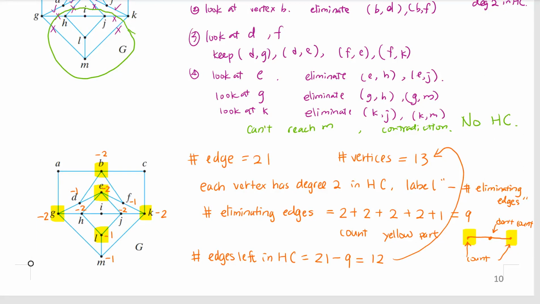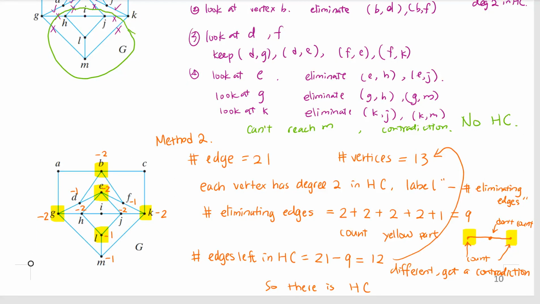So that's why, if we see those numbers are different, we get a contradiction. So there is no Hamiltonian cycle. So this is method 2.